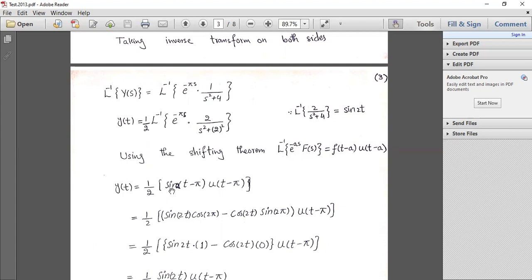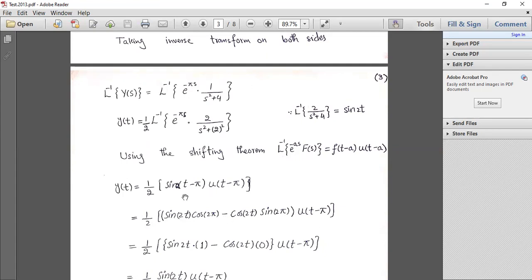So now we expand this sine 2 into t minus pi. You know the sine alpha minus beta formula of trigonometry. So this will become 1 over 2 into sine 2t into cos of 2 pi, because this 2 will be multiplied with both. You understand? Yeah, yeah. Okay.